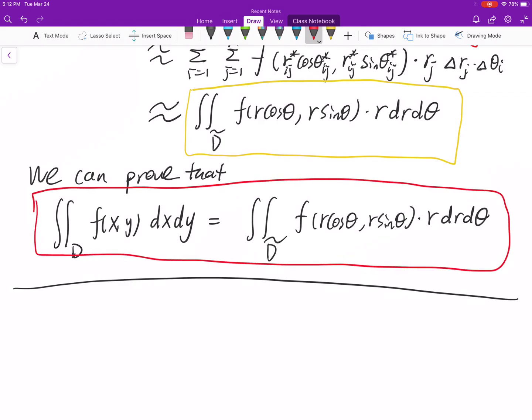And as we emphasize again, the most important thing is you have the actual factor r here.